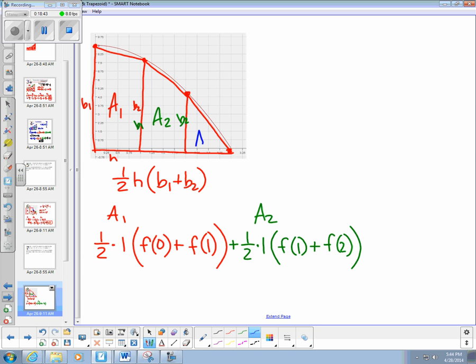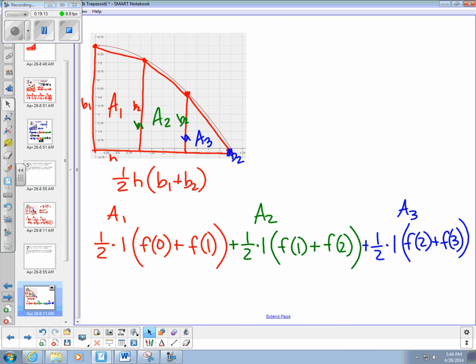And for our third trapezoid, 1/2 from the formula, a 1 for our height. Base 1 is on the left side, so that would be f of 2. And then base 2 is on the right side, and that's going to be f of 3. That's going to come out to 0, but I'm still going to write it out so that everything's in the same format.